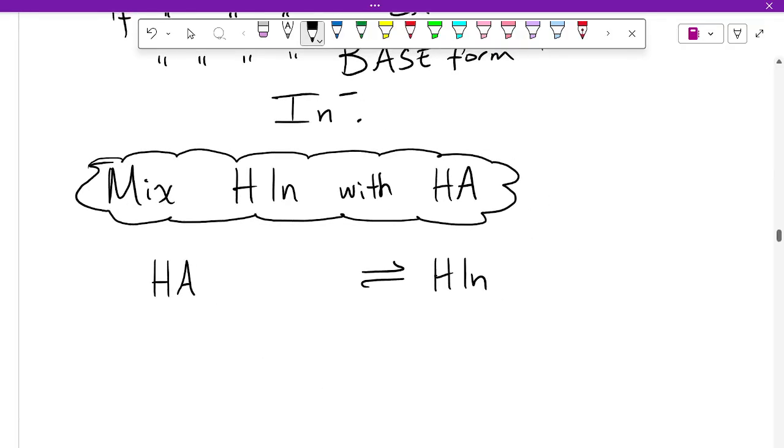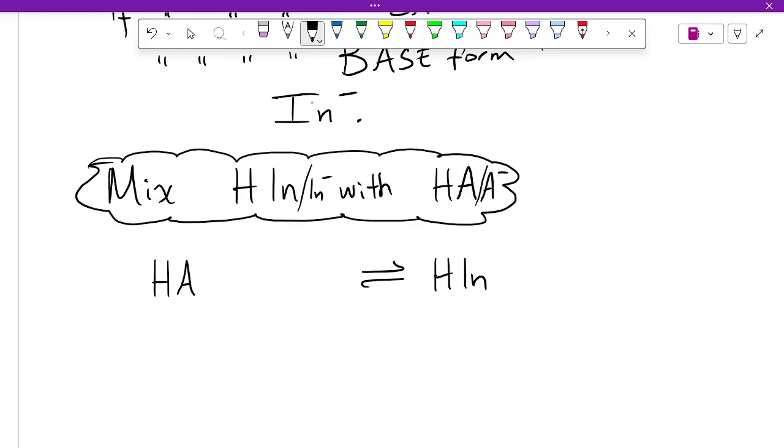And remember, when I say HIN, I really mean HIN, IN minus, and I really mean HA slash A minus. So I'm really combining not just the acids, but also the bases. Because they're weak, there is a mixture of both. Anytime you have weak, you have some of the acid and you have some of the base. I see perplexed looks.